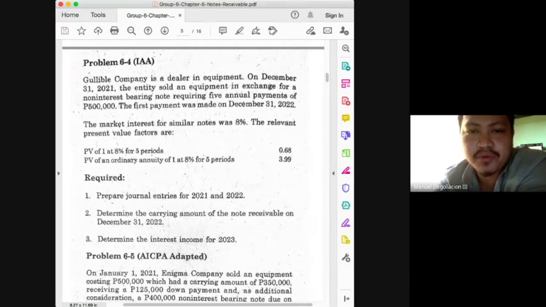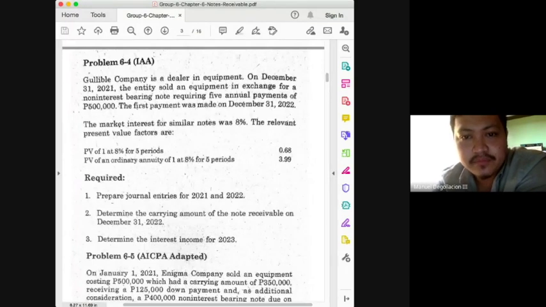If we're dealing with a series of uniform cash flows, then the factor that will be relevant would be your annuity factor. You use the 0.68 if you receive a single cash flow at the end of 5 periods. If you have a lump sum figure, then it would be the lump sum factor that you will be using. But if you have a series of uniform cash flows, then you should be using the annuity figure.